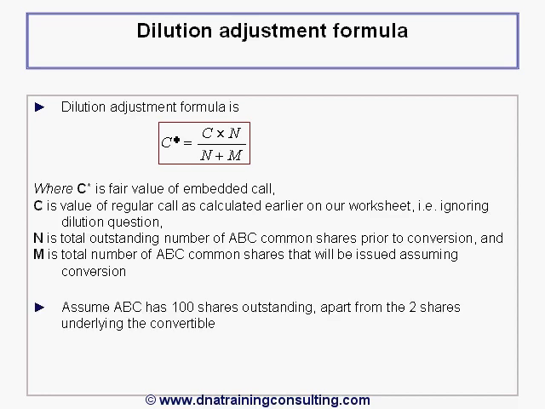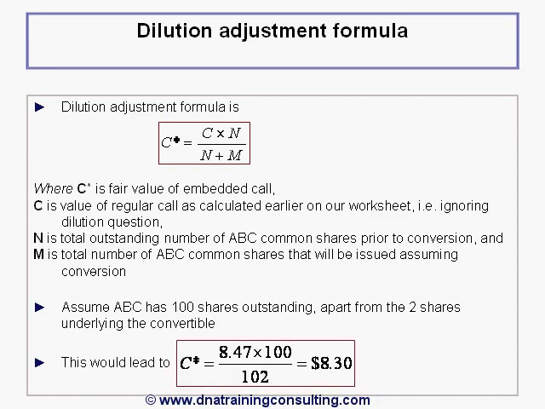To illustrate, let us assume that ABC has 100 shares outstanding, apart from the 2 shares underlying the convertible. This would lead to C star equals 847 and then times 100 over 102, which makes it 830.